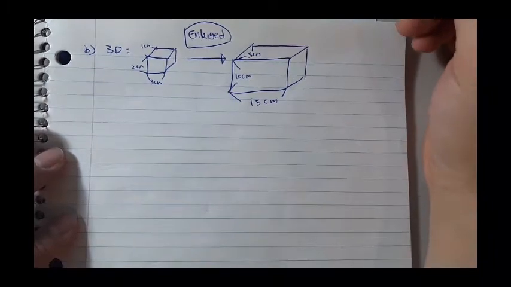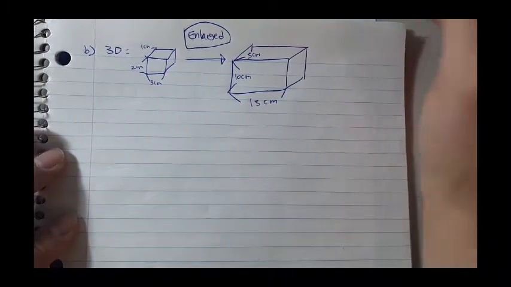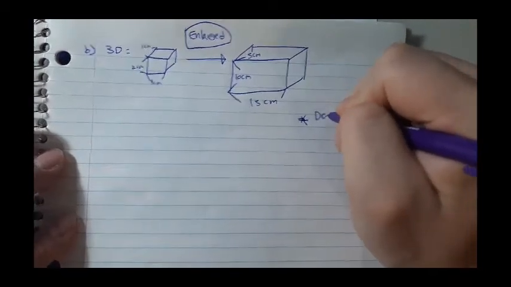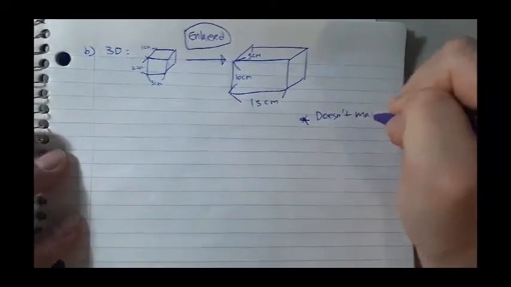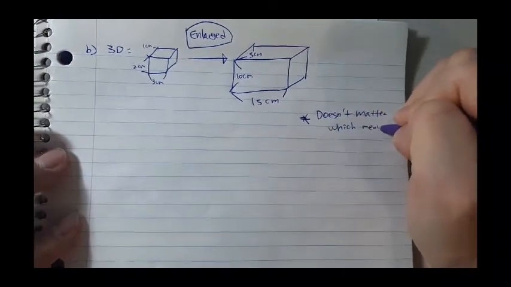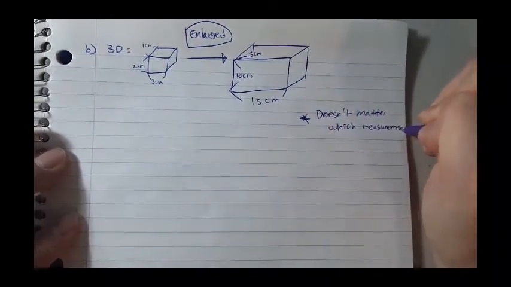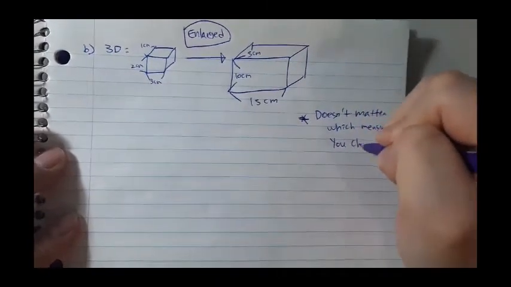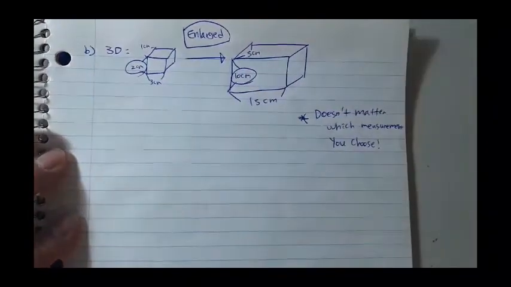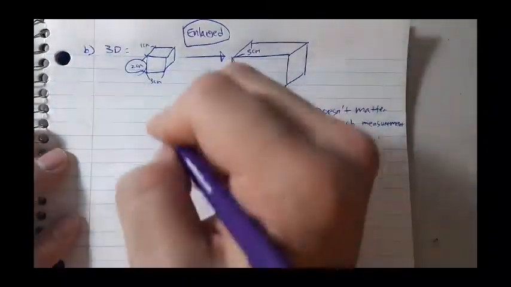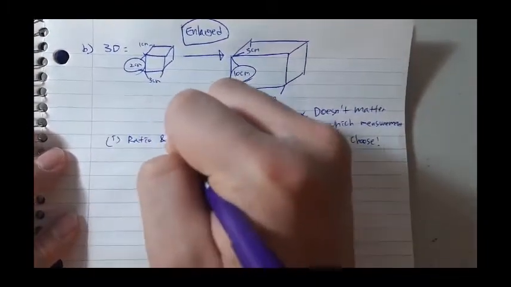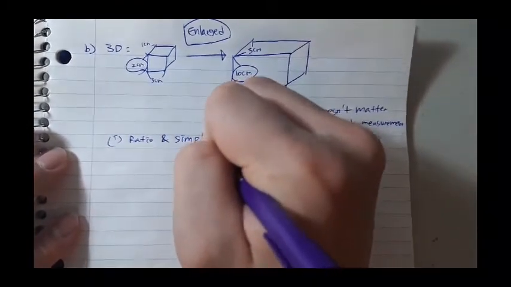Now, first thing first, what side should I choose? It doesn't matter which side you choose. So that means let's pick one of those, 2 and 1. So first step, ratio and simplification.